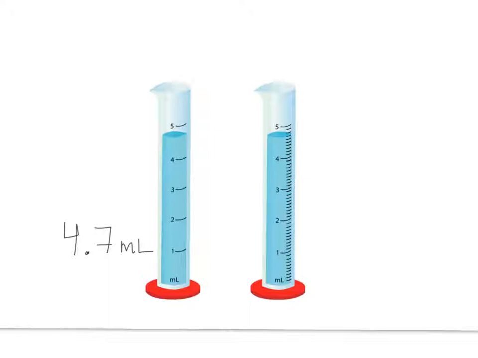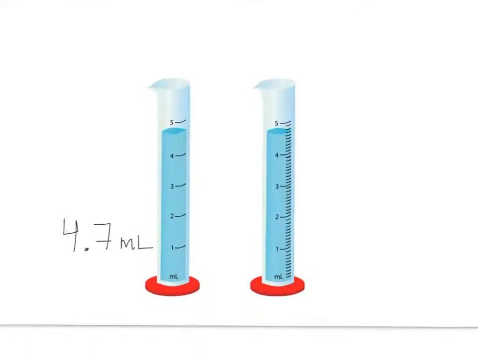Since the graduated cylinder on the right has more graduations, we should have a more accurate measurement. So again, we are sure that we have 4 milliliters of liquid and not 5. And we still have our value at 0.7.